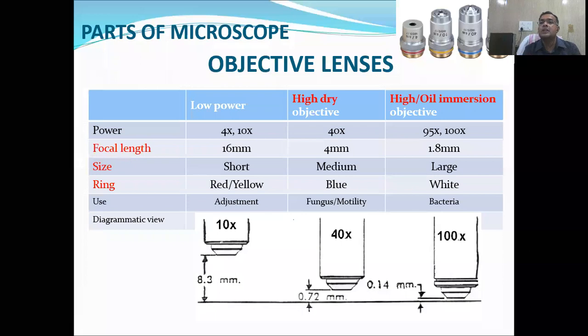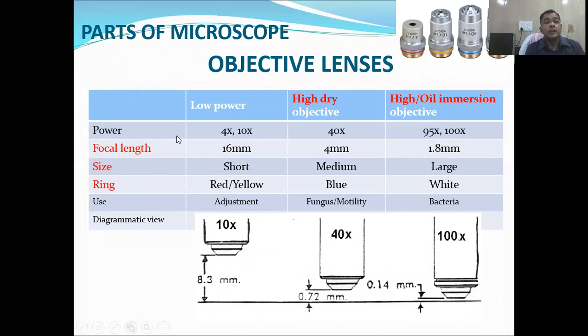So from a distance, if the lens you are using has a white ring, then you can say that you are viewing with the oil immersion lens. If you are using a blue ring objective lens, then we can say that you are using a 45x or 40x power. This is given on each and every lens, and this is uniform across all manufacturers.